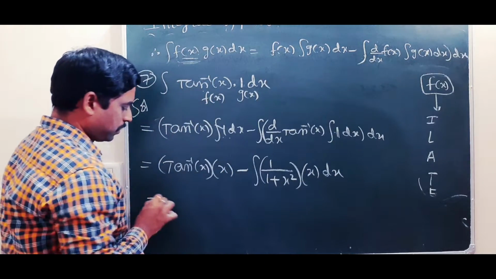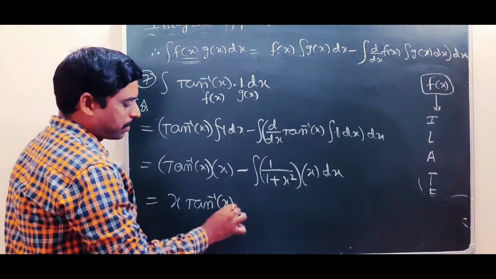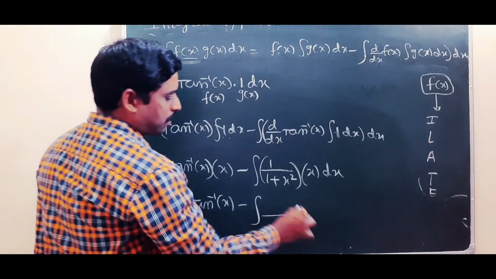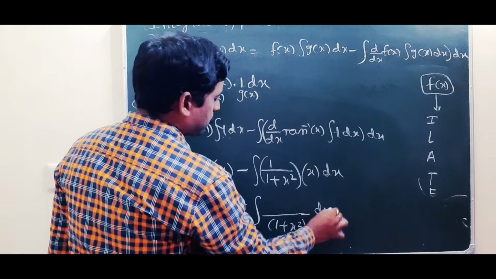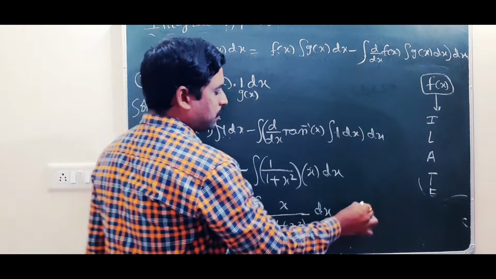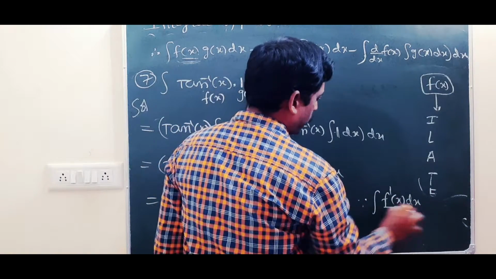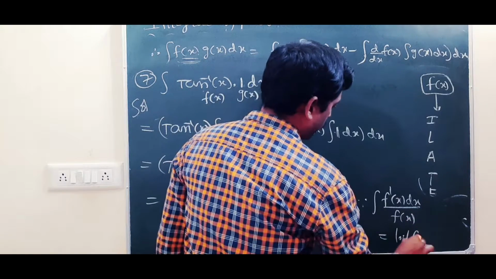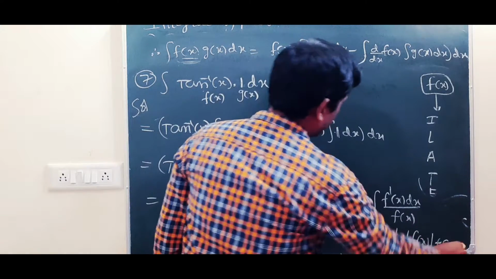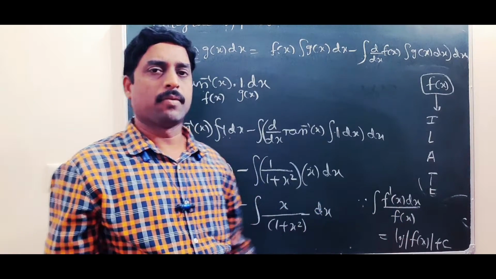Okay, so this is x tan inverse x minus, write, first denominator 1 plus x square dx, numerator is x. This is in the form of integral f dash x dx by f of x. So what is the formula? Log mod f of x, where your f dash x is derivative of f of x.